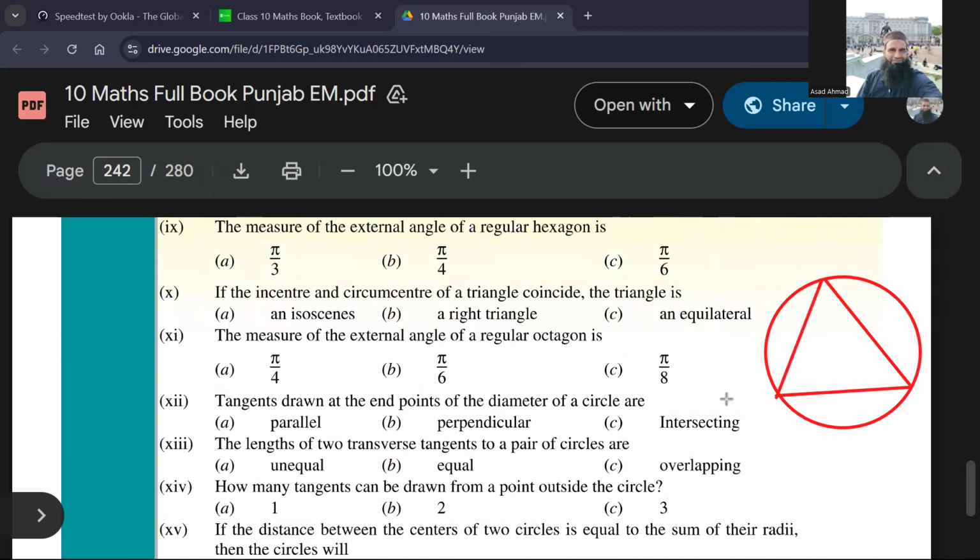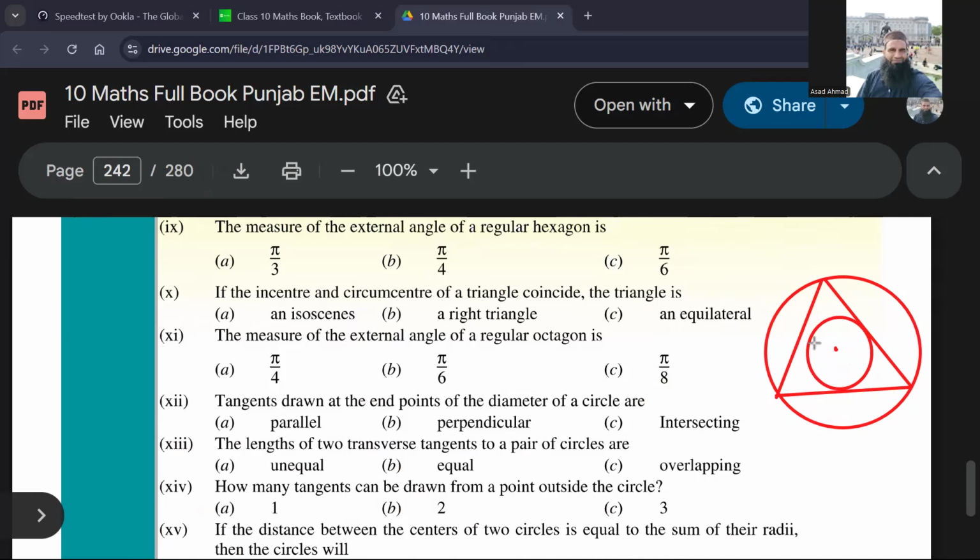So in this case, the center will be called the circumcenter and the radius is called the circumradius. For the incenter, we need to draw a circle inside a triangle like this sort of.